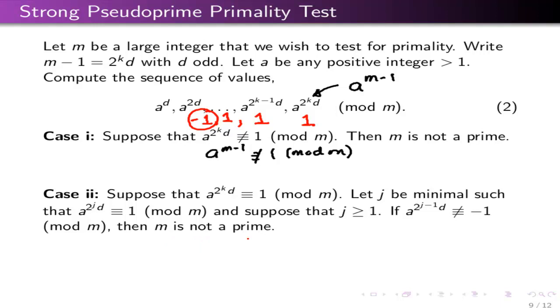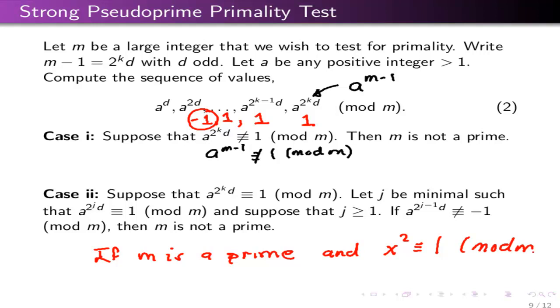And why is that? Well, if m was a prime, and x squared is congruent to 1 mod m, what's the conclusion we've seen? We've seen, therefore, x has to be congruent to plus or minus 1 mod m.